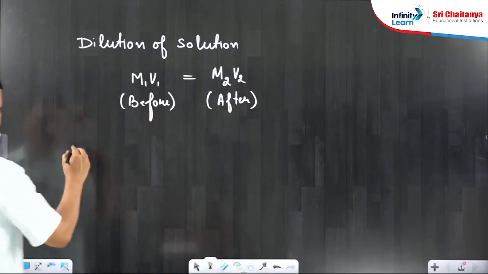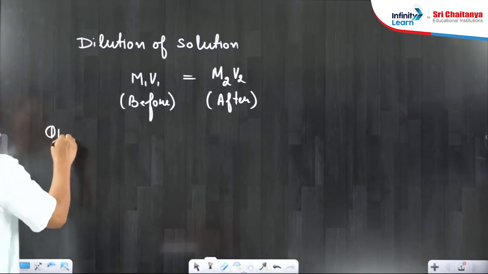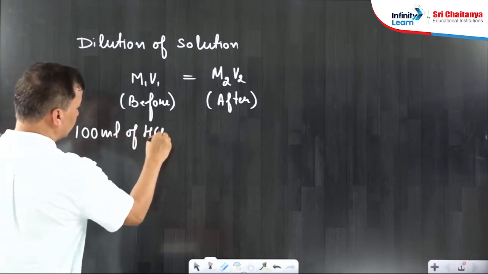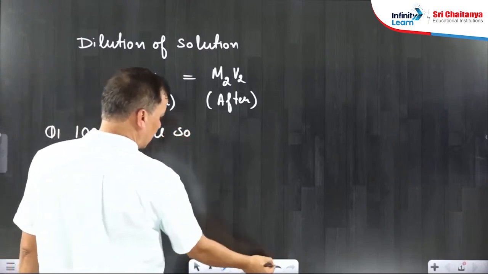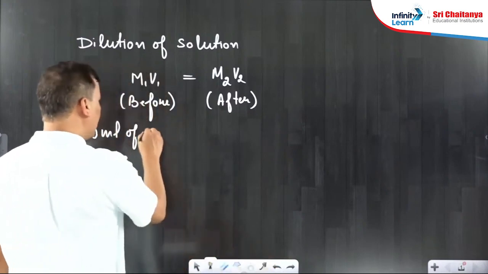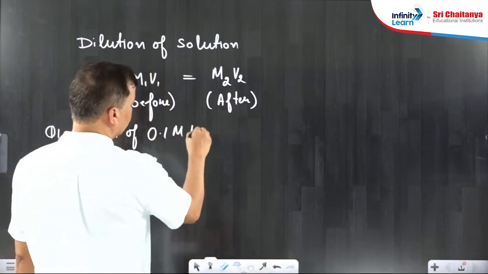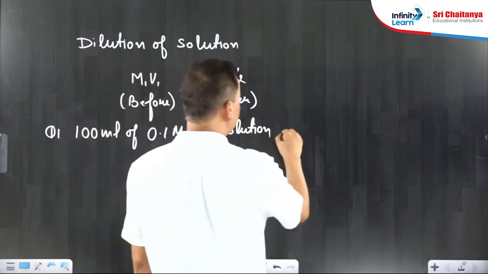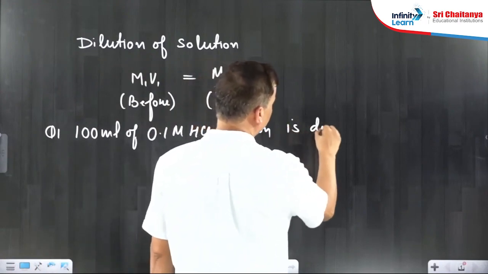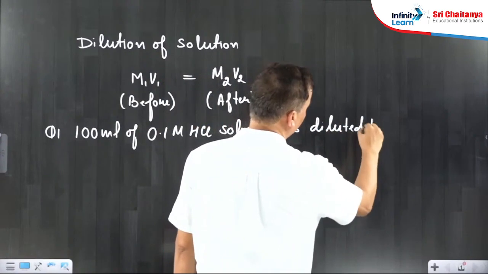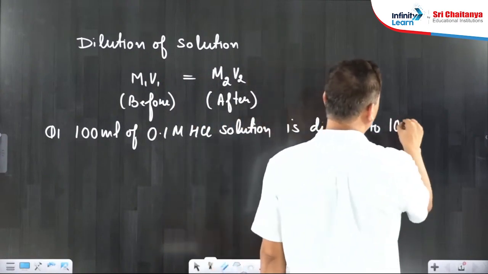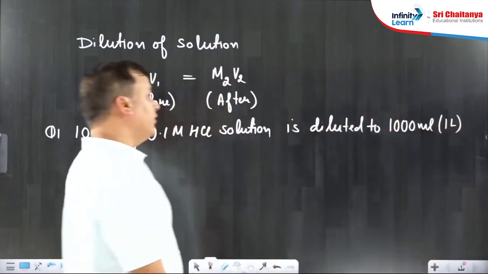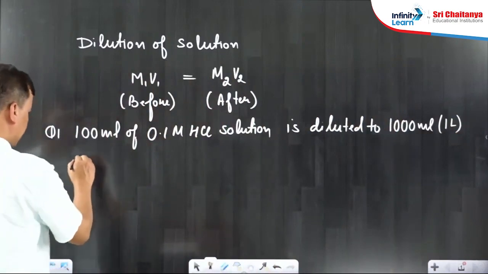So, dear friends, I am taking one example here. For example, if there is 100 ml of 0.1 molar HCl solution, and the HCl solution is diluted to 1000 ml, which means 1 liter, what will be the molarity of the new solution?